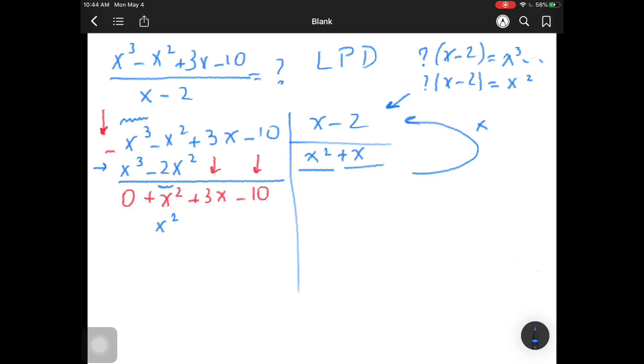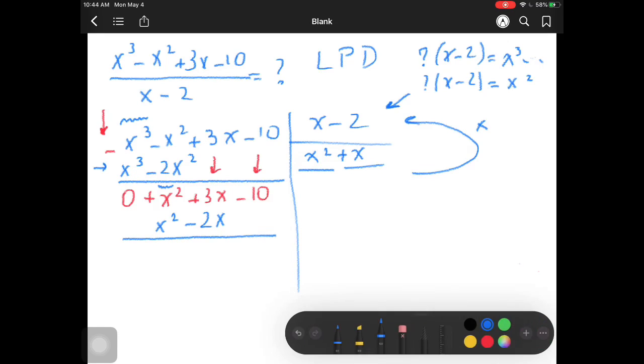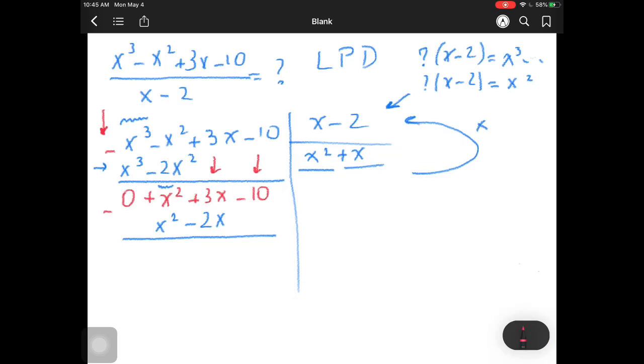Now we do the multiplication. X multiplied by x minus 2 is x squared minus 2x, and the operation that you're carrying out now is subtraction. Now this is what I would like to explain a little bit.